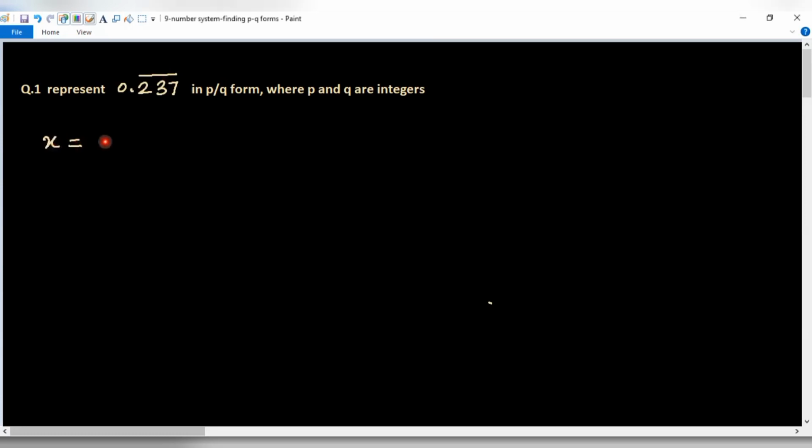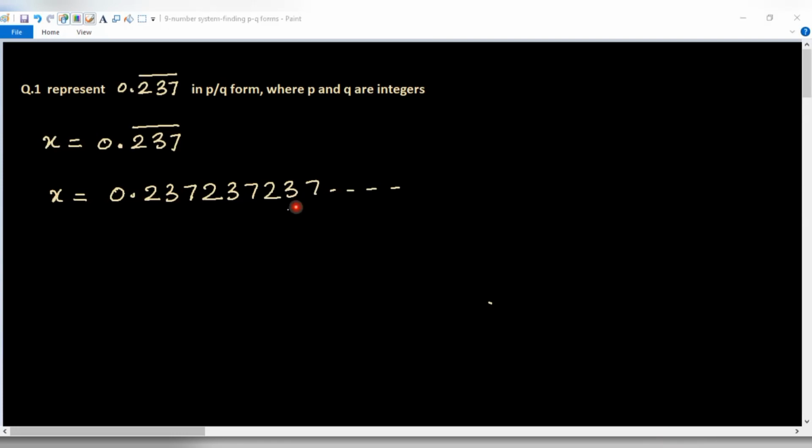x is equal to 0.237 bar. That means 237 is getting repeated, so we can take x is equal to 0.237, 237, 237, etc. Now, 3 digits are getting repeated here, so we want to move the decimal 3 places towards the right.